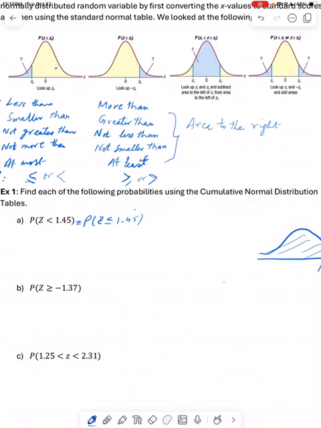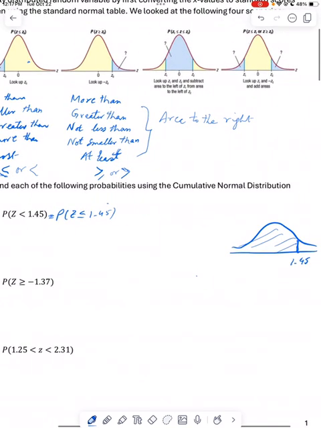Okay, so here we are supposed to look at the area to the left because we see this less than sign. So here is the picture I have drawn for the normal curve. Remember, in the center is your 0, on the right are your positive z-scores, and on the left will be your negative z-scores.